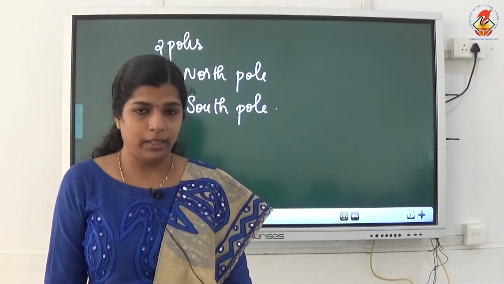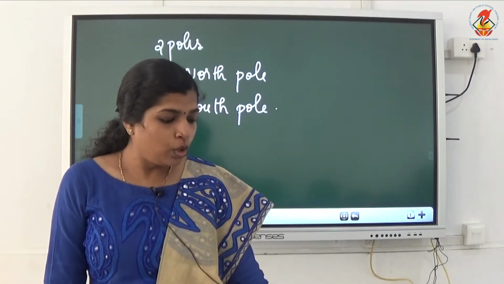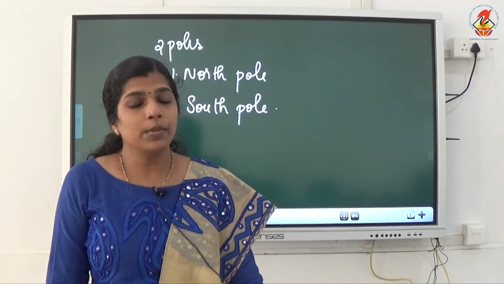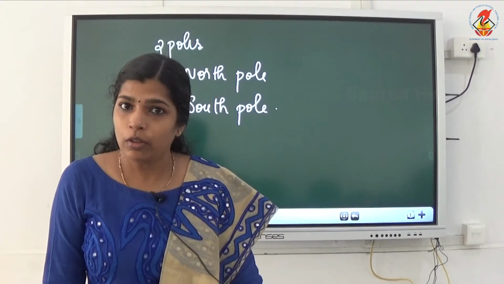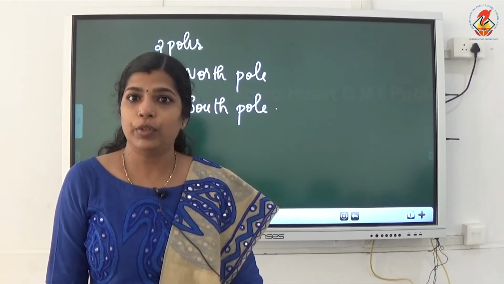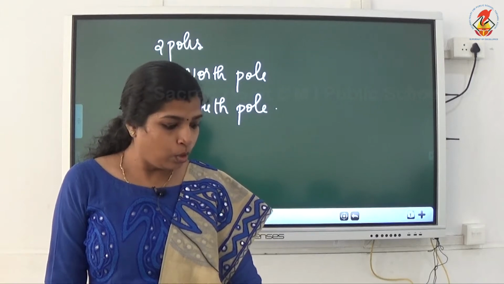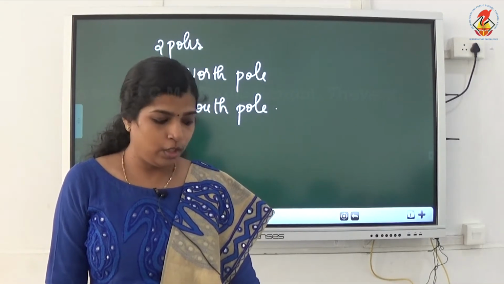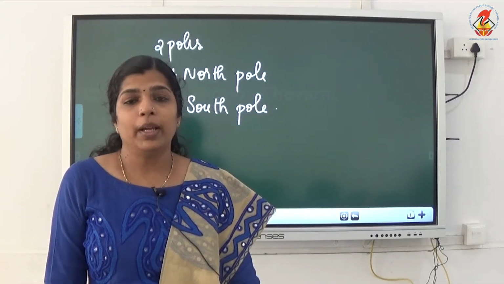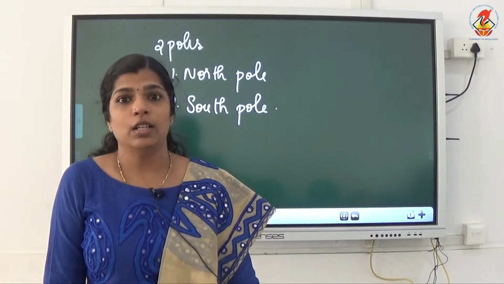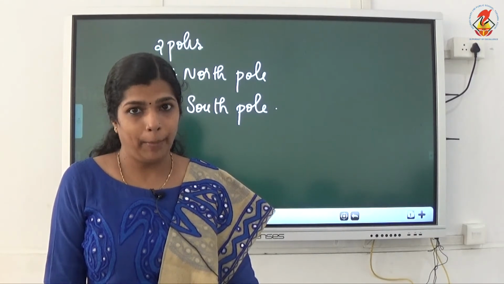When you freely suspend a magnet, it always comes to rest in the north-south direction. That is the directive property of the magnet. One end of the magnet always points towards the north. That is the north pole of the magnet.